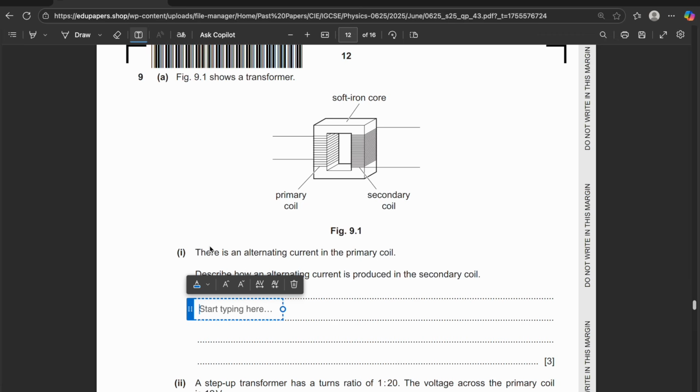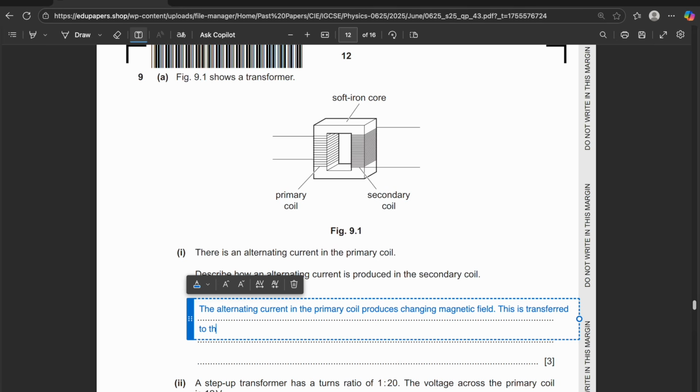So we can write that the alternating current in the primary coil produces a changing magnetic field. This is transferred to the secondary coil via the iron core.